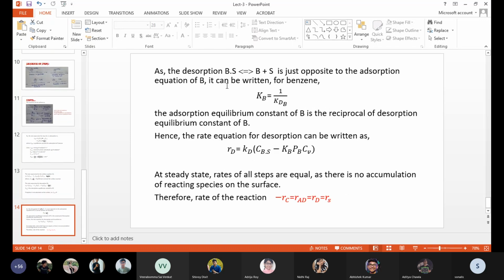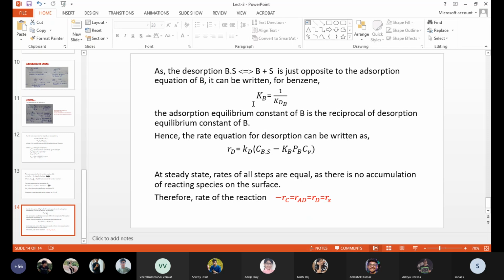Now, the desorption B·S to B plus S is just opposite to the adsorption equation of B. On the right hand side, B plus S to B·S, so it is adsorption.